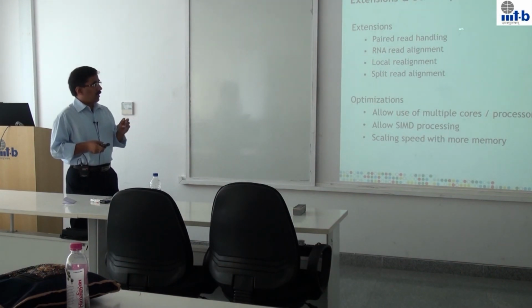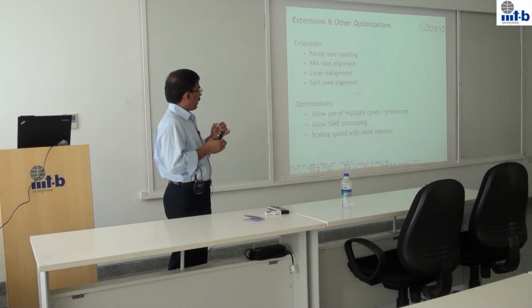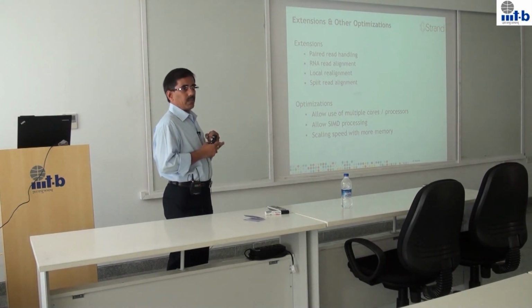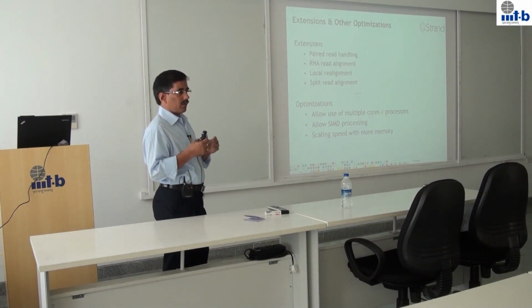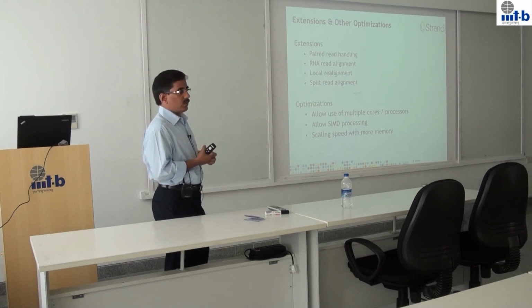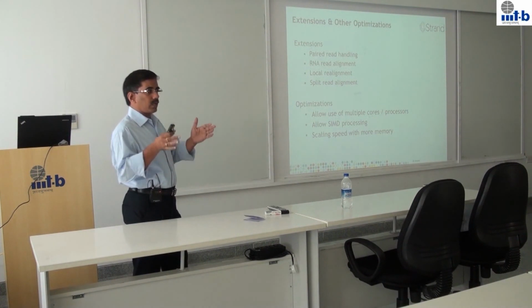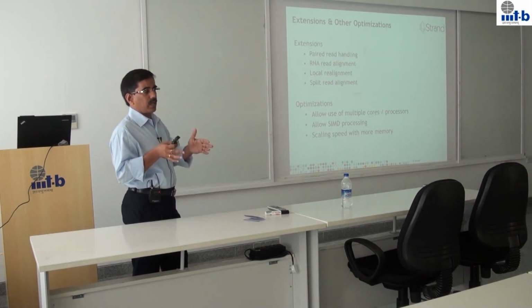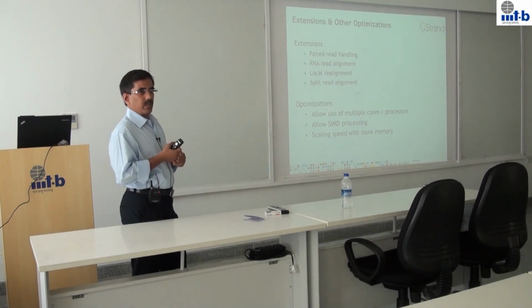So local realignment is another thing. When we align the set of reads, we align each read independently of the other reads. So we don't really know whether the alignment is exact, or because of the penalties that we have used, there could be some artifacts. When you align a bunch of reads and look at a particular region and all the reads that align to that region, you may see different possible alignments there.